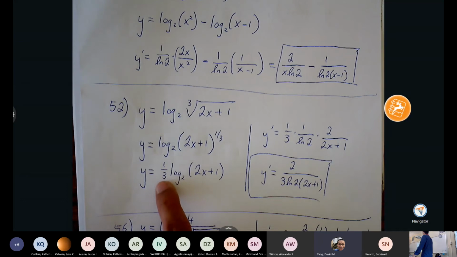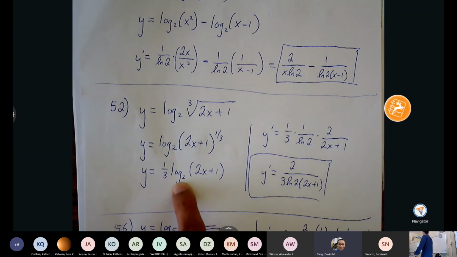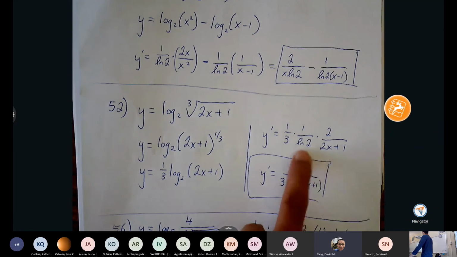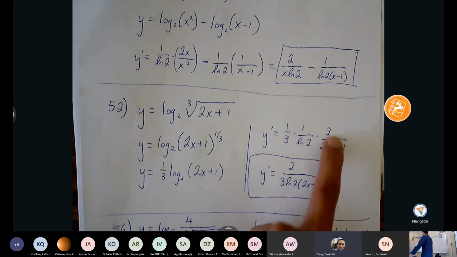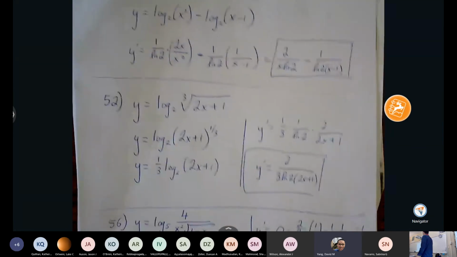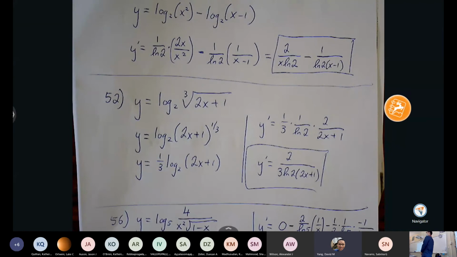So our derivative, keep the 1/3, convert that to base e, so 1 over natural log of 2, and then the rest looks just like your natural log rule, u prime over u. Okay, questions?